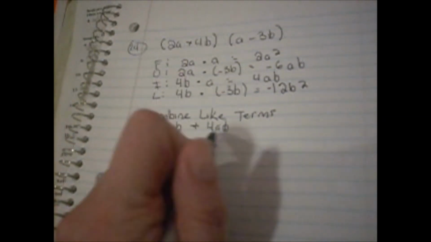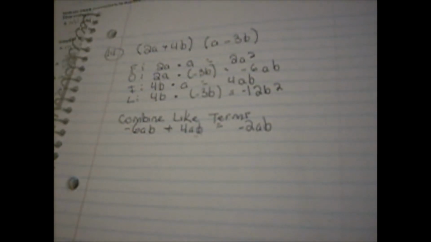So we're going to combine like terms, and we do have them in this one. And our like terms are negative 6ab and 4ab. Now we're going to make this addition because the second one is addition. So when we add those, we get negative 2ab. So now we have our like terms.